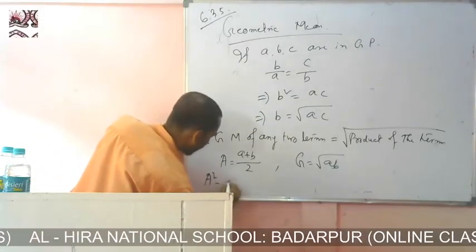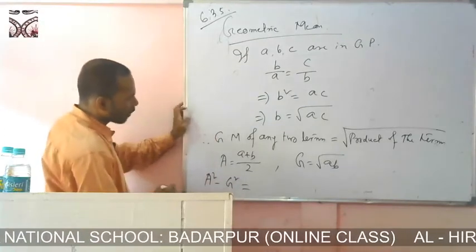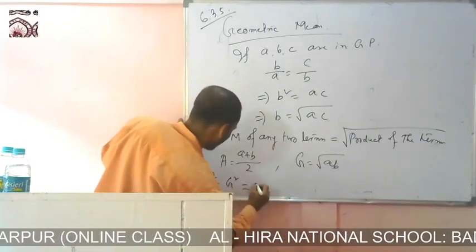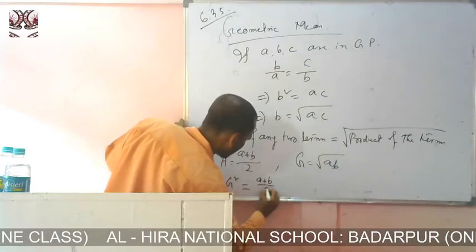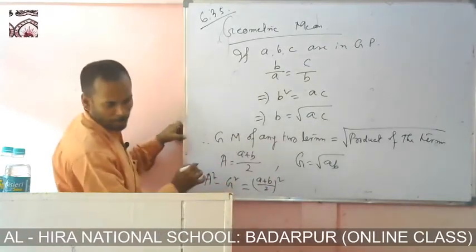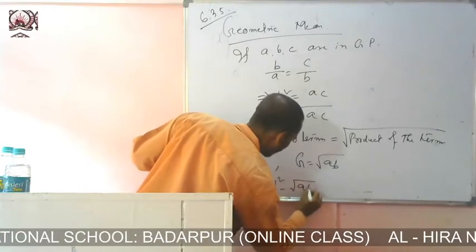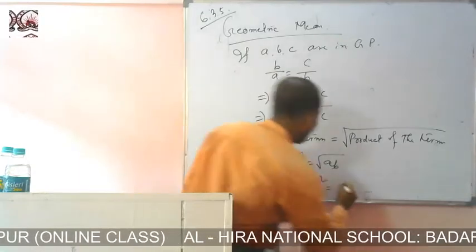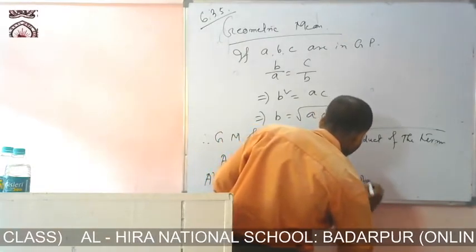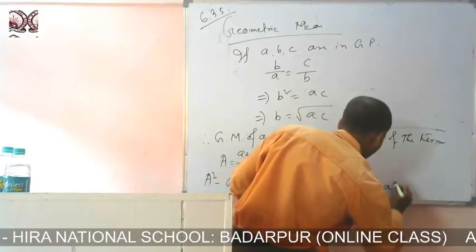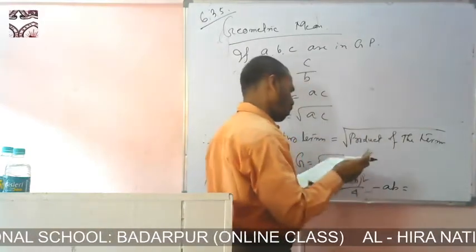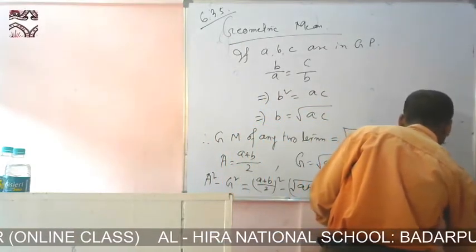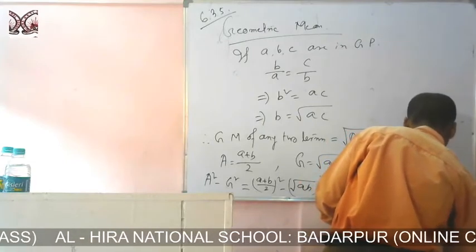A is A plus B by 2, so (A plus B by 2) whole square minus (square root of AB) whole square. It is equal to (A plus B) whole square by 4 minus AB, which is equal to (A plus B) whole square minus 4AB by 4.